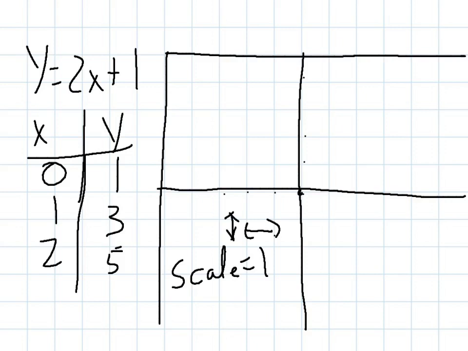So I'm going to go over 0, up 1, and put a dot. I'm going to go over 1, up 1, 2, 3. I'm going to go over 2, up 5, which is right here. And then I'm going to connect them.